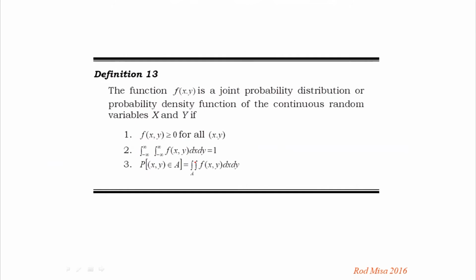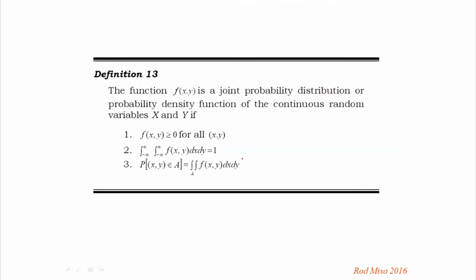The function f of x and y is a joint probability distribution or probability density function of the continuous random variables x and y if the 3 conditions are satisfied. Number 1, the probability density function of x and y must not be a negative number for all possible pairs of x and y.